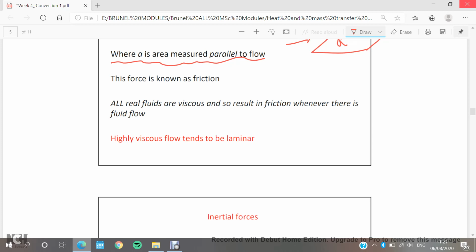So any fluid moving over a horizontal plate will have a shear stress and shear force, and it will have a velocity profile, as we mentioned earlier. It's impossible to have a fluid without a velocity profile.